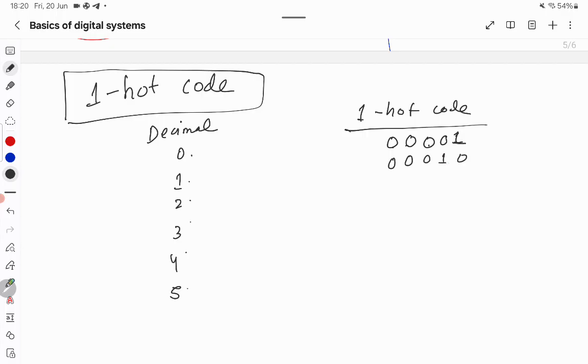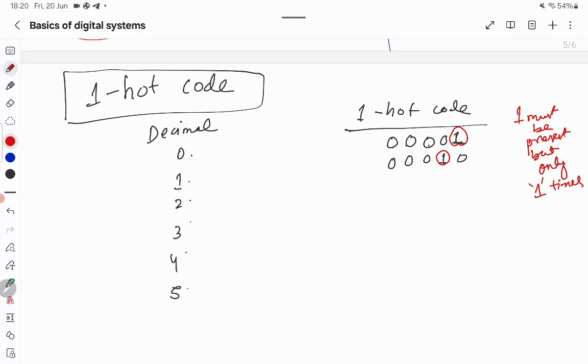There should not be something like this, 0 0 0 0 0. There should be one 1 present in every code. See, there should be only one, not more than one. 1 must be present, but only one time, I am saying.